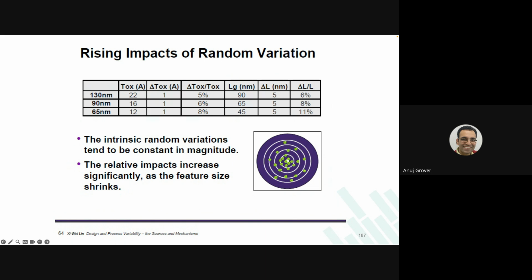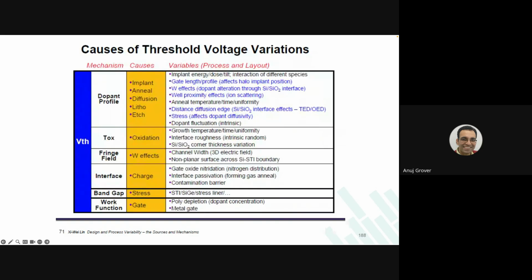So, this then is a list of various steps and how different actions, for example, an implant, what could change? Implant energy could change, dosage could change, tilt could change, gate length profile affects halo implant position. You see, there are so many steps in your silicon fabrication process.